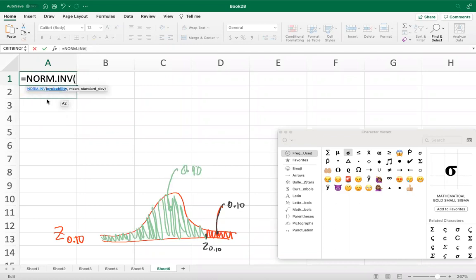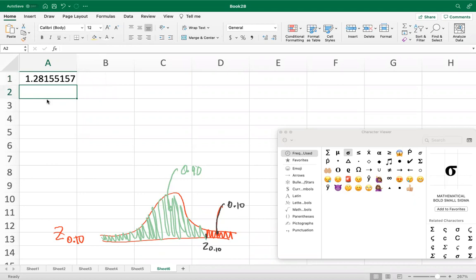So normal inverse, area 0.90 with the mean, because this is a standard normal distribution, the mean is going to be 0, standard deviation is going to be 1. And there we go. So now the associated Z-score is going to be equal to 1.28155. Much better.